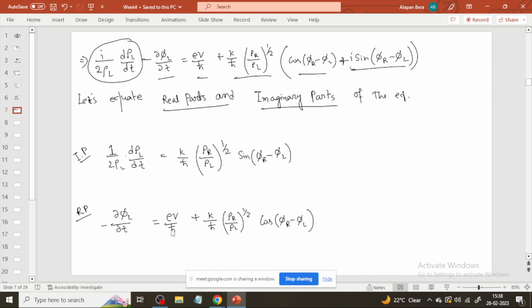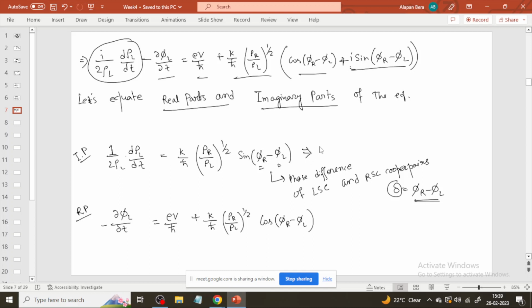And this is basically the phase difference of the left superconducting region and right superconducting region phase. So let us denote the phase difference by this term delta. Okay, so then this term gets modified to this.